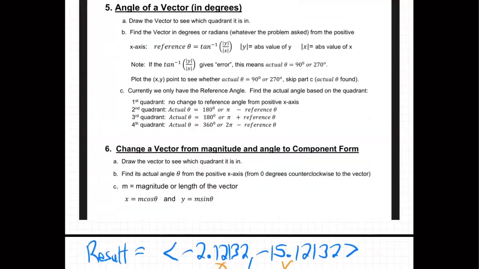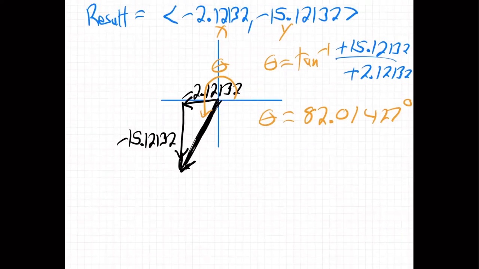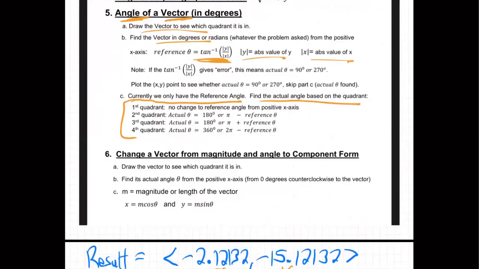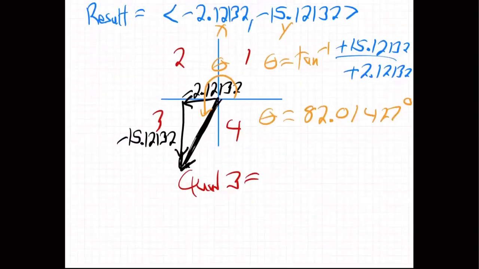But careful, let's look at the notes again. It says to find the angle of a vector, draw the vector, find the vector, tangent inverse of absolute value y over absolute value x. We did that. But currently we only have the reference angle. To find the actual angle, you have to find your quadrant and use the formula. What quadrant are we in? 1, 2, 3, 4. We're in quadrant 3. Third quadrant: 180 plus the reference angle.